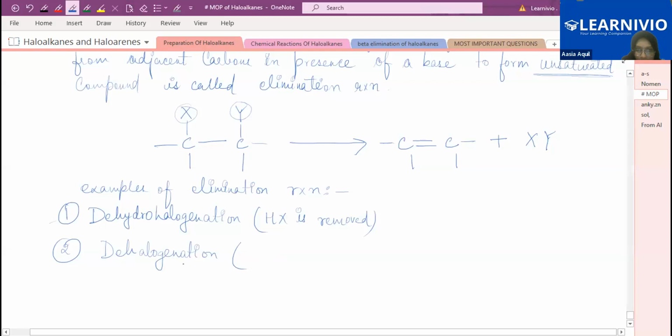So what happens in dehalogenation? Basically X2 is removed, and X2 could be your F2, Cl2, Br2, I2, anything. Third one is your dehydration. Dehydration means, hydration किसके लिए हम use करते हैं? Water के लिए. Water is removed. H2O is removed.